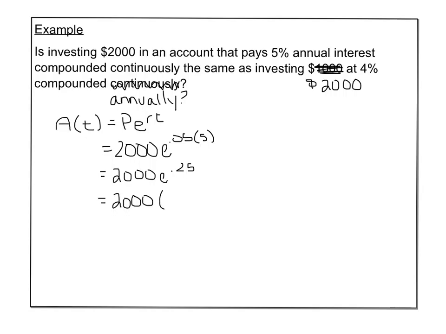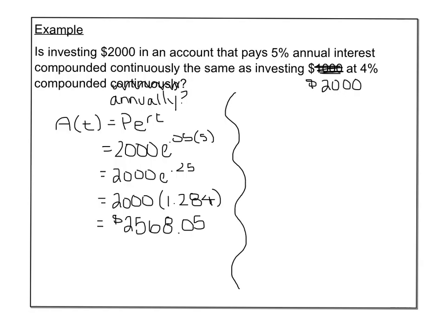So E to the 0.25 is 1.284. And when you multiply 2,000 times 1.284, you get $2,568.05. So that's the one that's compounded continuously.